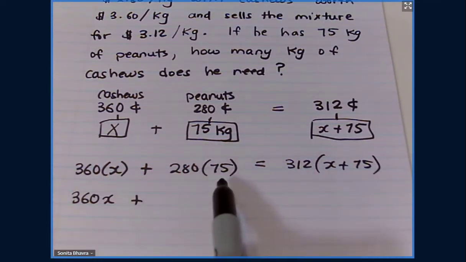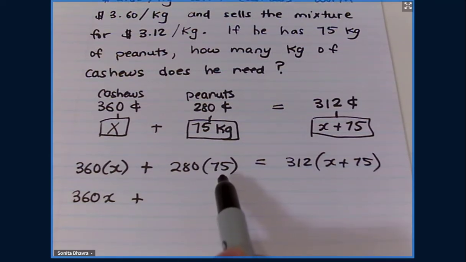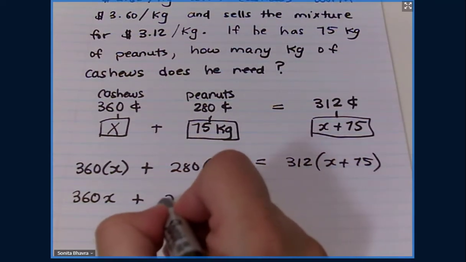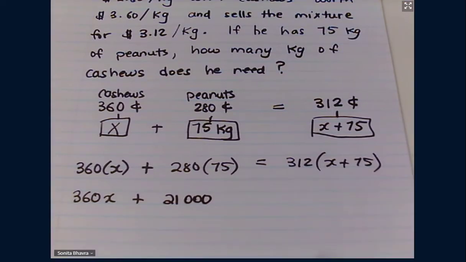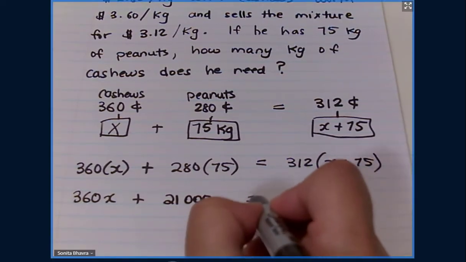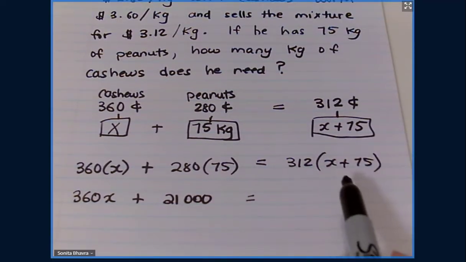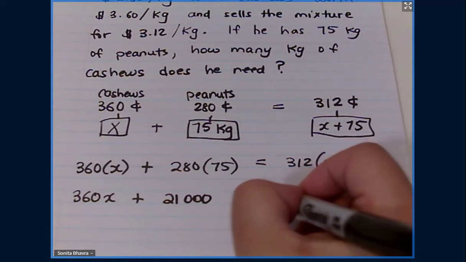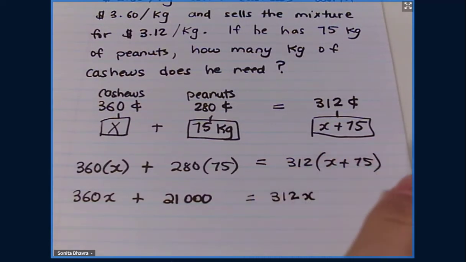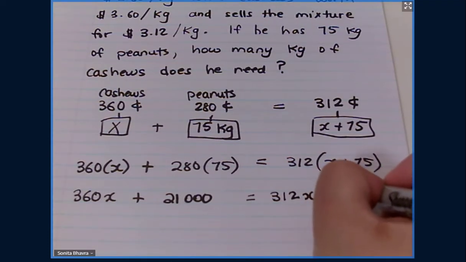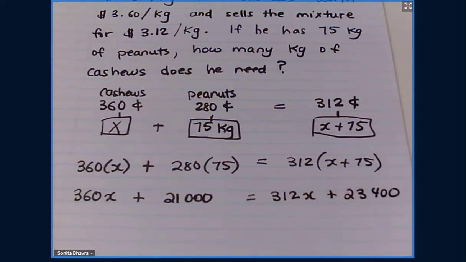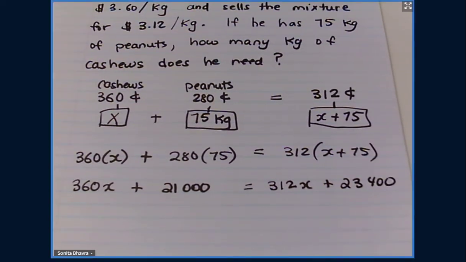And then 280 times 75 is 21,000. And it's equal to 312 times X, which is 312X, plus 312 times 75, which is 23,400.